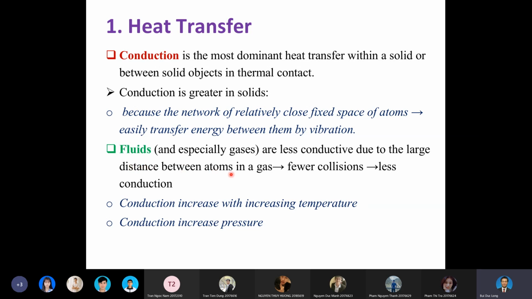So there are fewer collisions or less contact between atoms, so less conduction. This is the first reason why heat conduction in solids is much higher compared to liquids or gases.